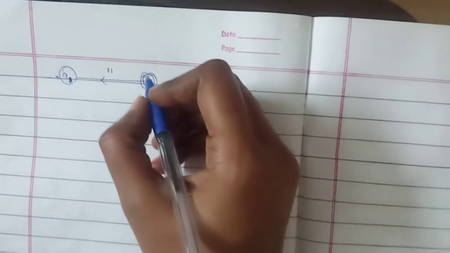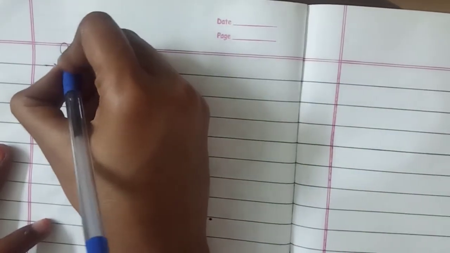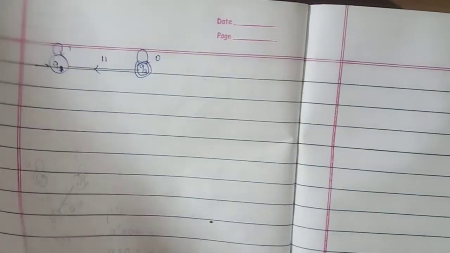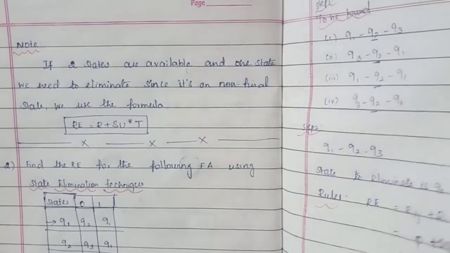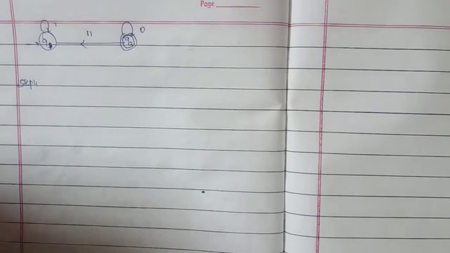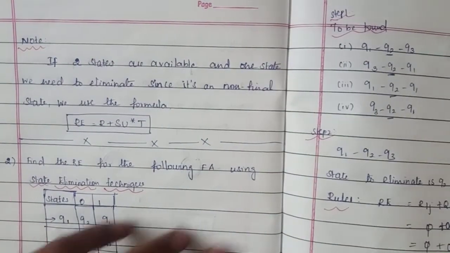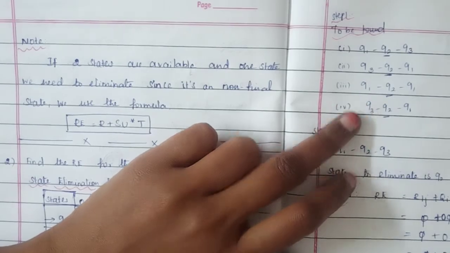Okay, for Q3 it is 0 and this is 1. Okay, so this is the thing. Next one is step 4. When you see this step 4, we have to take this one Q1 Q2 Q1.